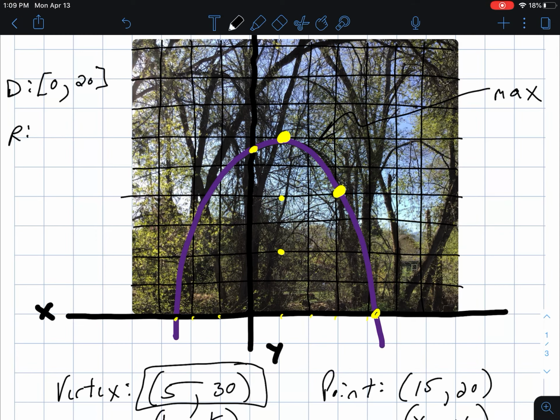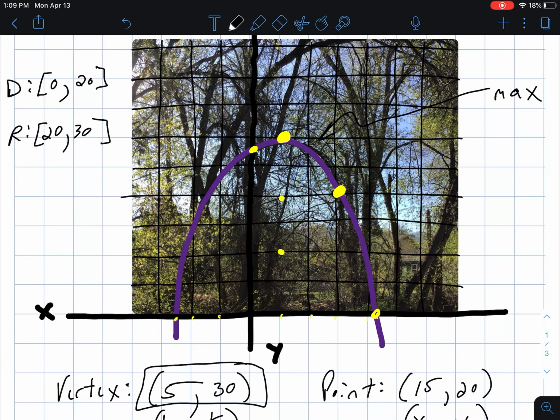So we have a range, and if we look at the lowest part, it's probably pretty close to that, 5, 10, 15, 20, about that 20. So we have a range going from 20 and then up to 30. Okay, so you could use that for your domain and range, just because we actually have the tree branch there that we can talk about.